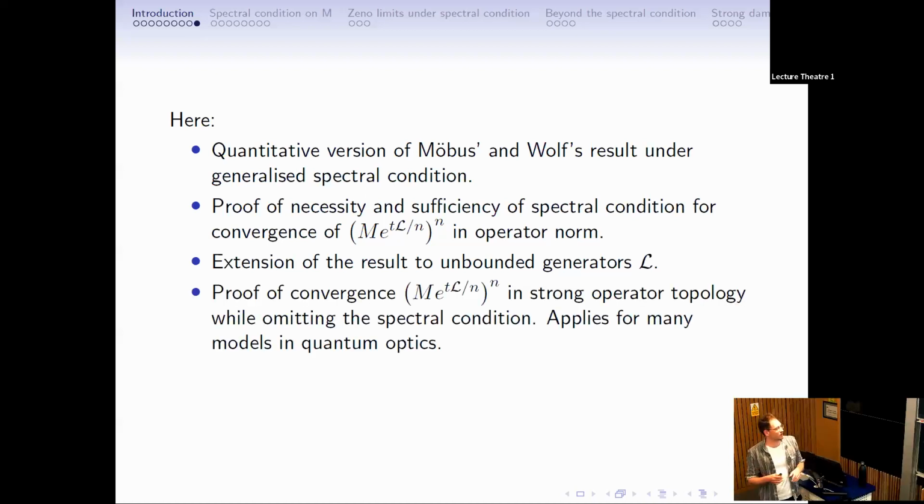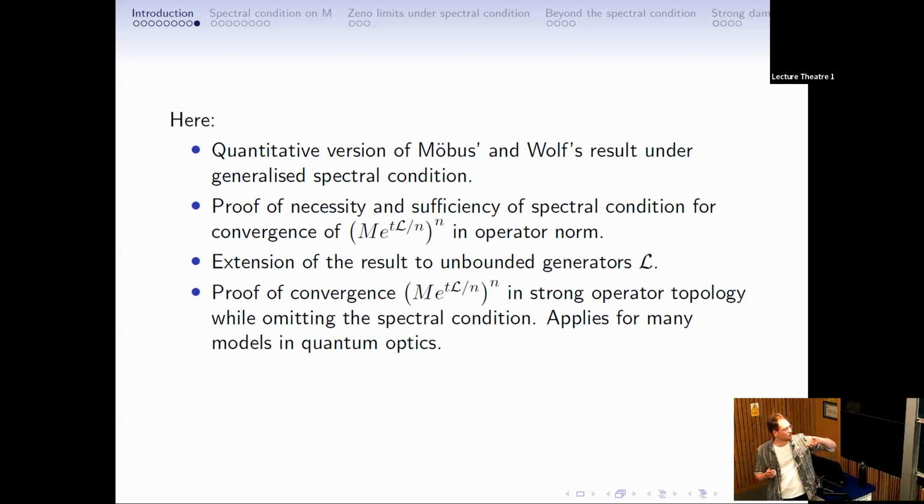And then the spectral condition is nice, but we were interested in applying it to different models from quantum optics, for example, and we were aware that the spectral condition will not be met there. So we generalized to convergence of the operator product in the strong topology, where the spectral condition is not met.